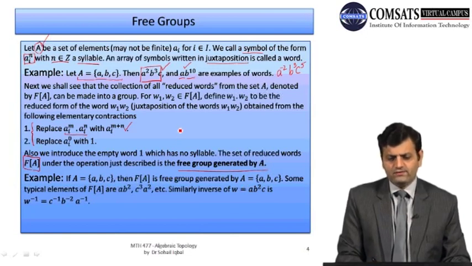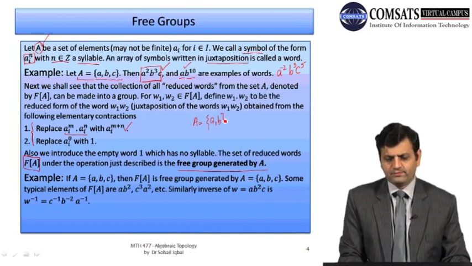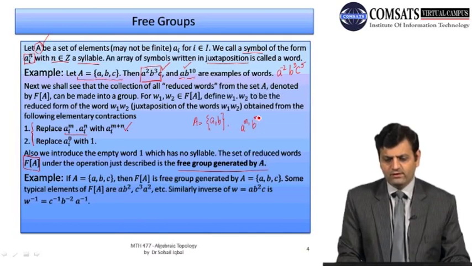Roughly speaking, what is a free group on a set A equal to {a, b}? We can say that this is a collection of all words, so a collection of all elements of the form a raised to power n1, b raised to power m1, a raised to power n2, b raised to power m2, and so on, up to a raised to power nk and b raised to power mk.